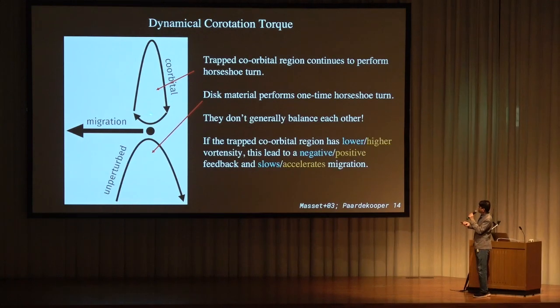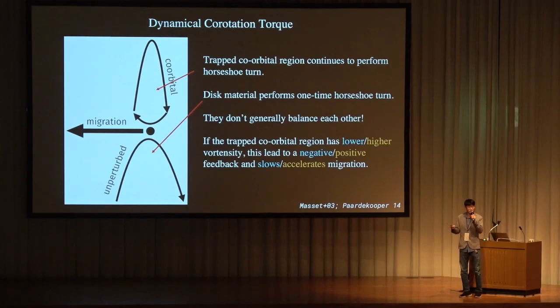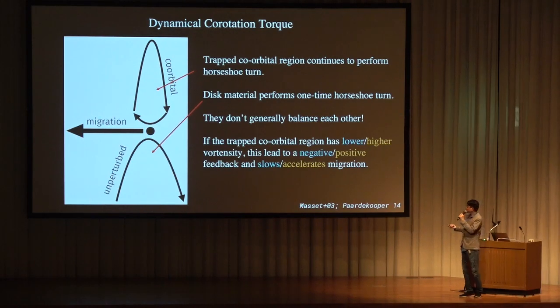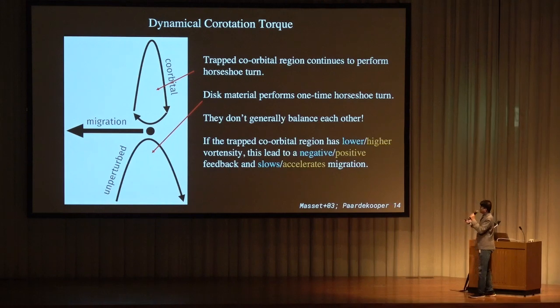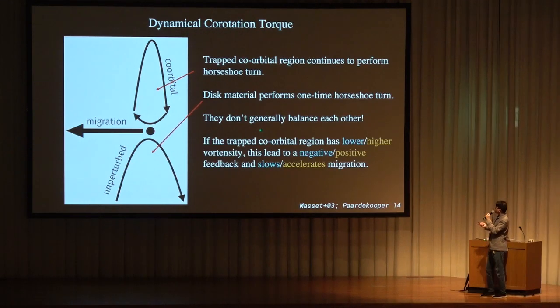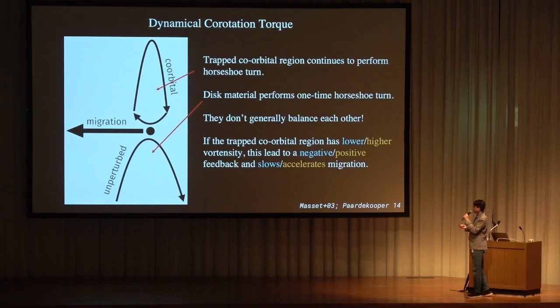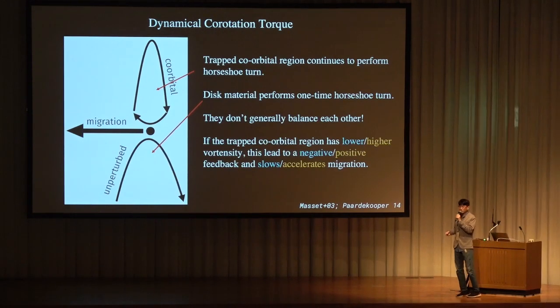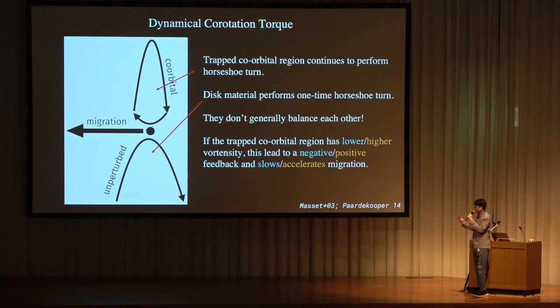And because the vorticity up here and the vorticity down here do not have to be the same, generally disks do have vorticity gradients, that leads to an imbalance. And it's been worked out, and I'm just going to give you the quick conclusion here, that if the trapped co-orbital region has a lower vorticity than where the planet is at right now, then that leads to a negative feedback on the planet's migration and slows down the migration rate.